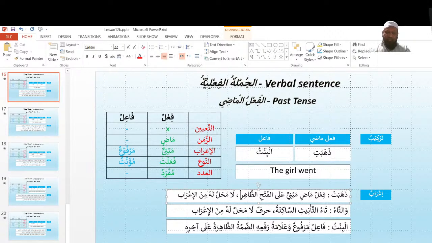If you don't write الظاهر, it doesn't matter. But when it is muqaddar, then you have to write muqaddar, because there are some places where the فعل ماضي is مبني على الفتح المقدر. So I think it's better to write it over here when it is ظاهر. Just write it.